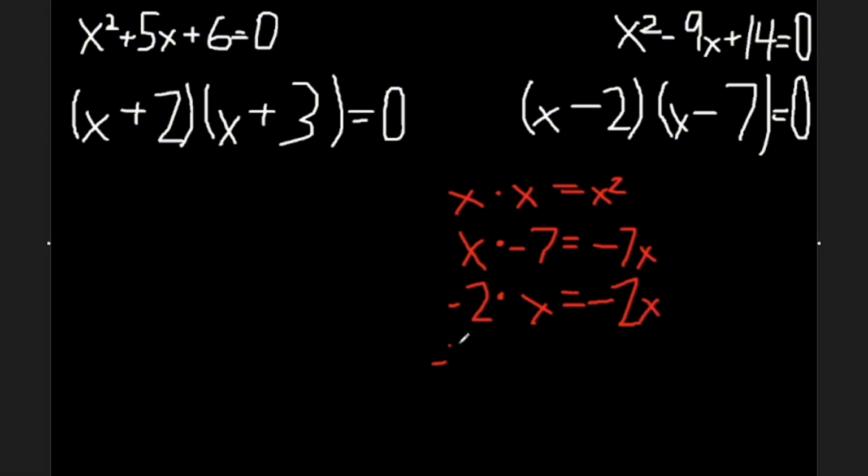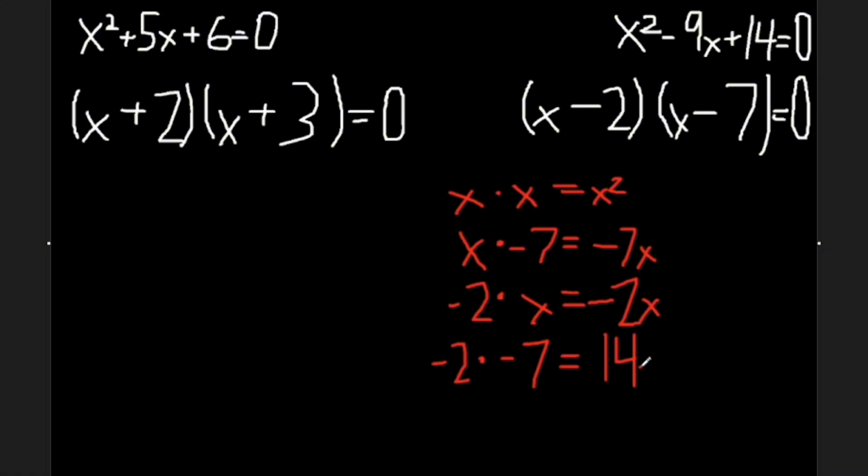Last, negative 2 times negative 7 is equal to, now, they both have the same sign, so the answer has to be positive. If the product has the same signs, then the product is positive. But if they don't have the same signs, the product is negative. So since both of them are negative, our product will be positive 14.